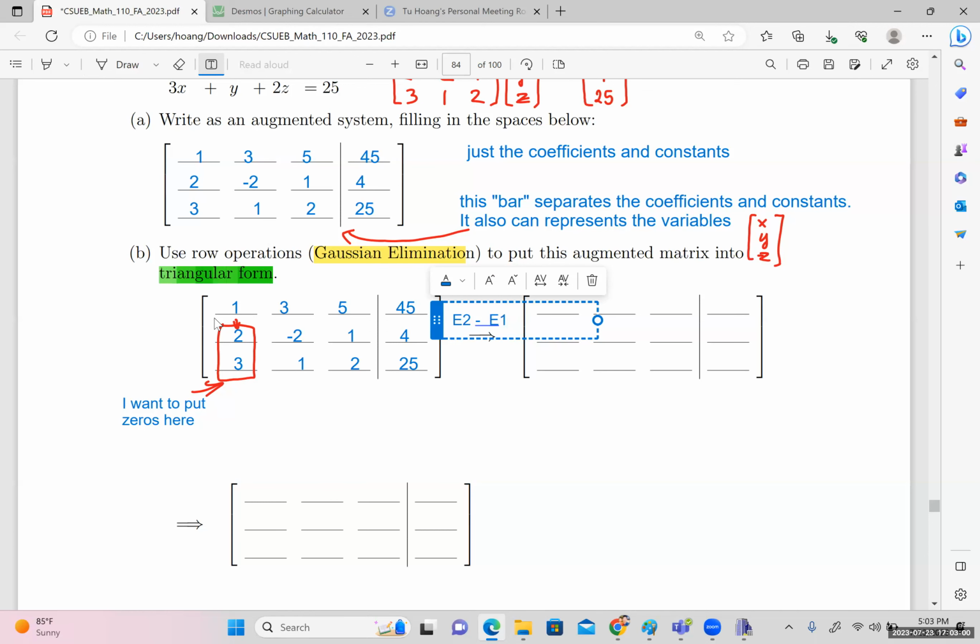I know it's going to be -2 times E1, so that means E2 minus 2 times E1.